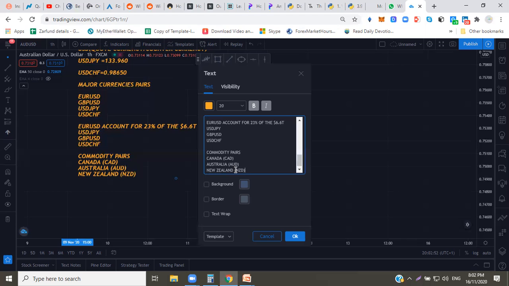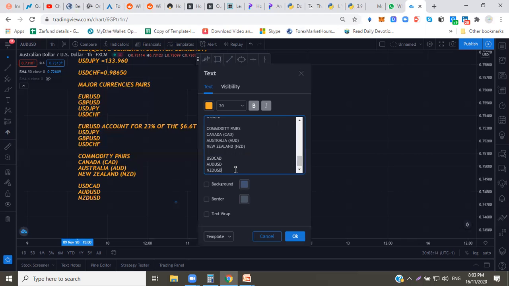Remember, we have to have the currencies to make the pairs. So the commodity pairs are USD CAD, AUD USD, and NZD USD.